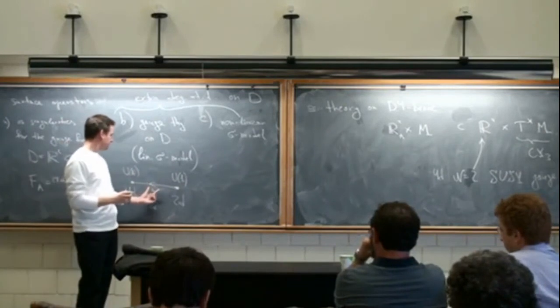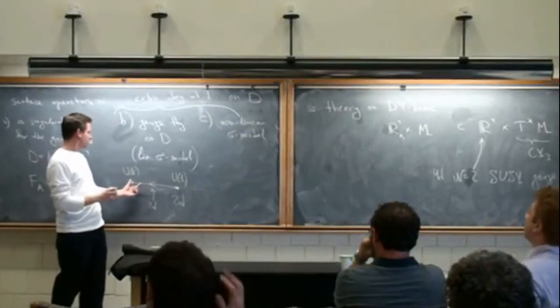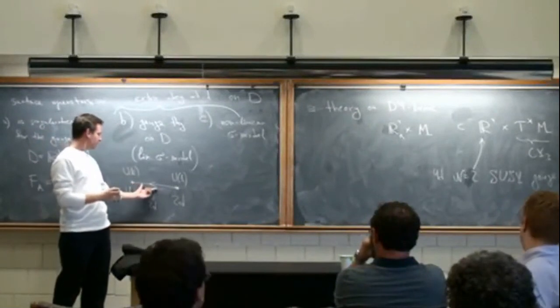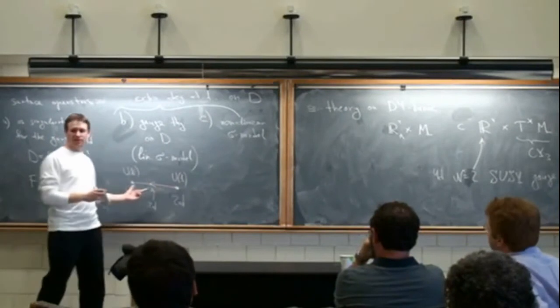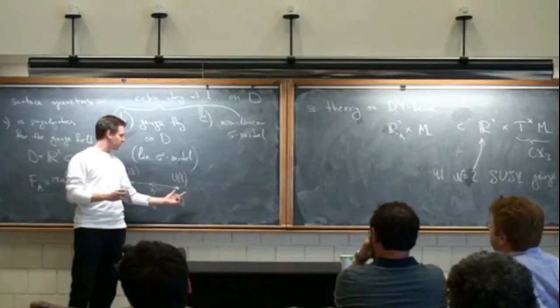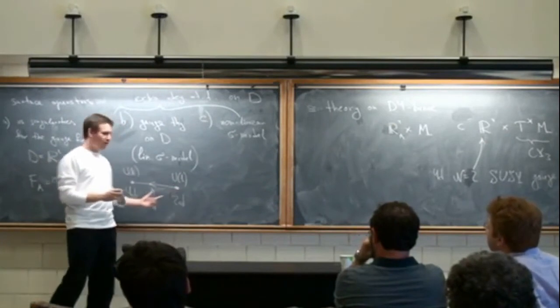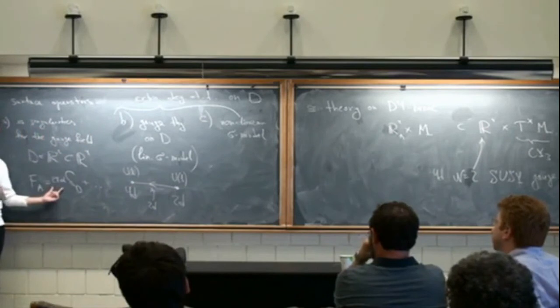Now, there is one parameter of this system which corresponds to the Fayet-Iliopoulos term in the U(1) theory, and that's exactly the parameter alpha in this description.